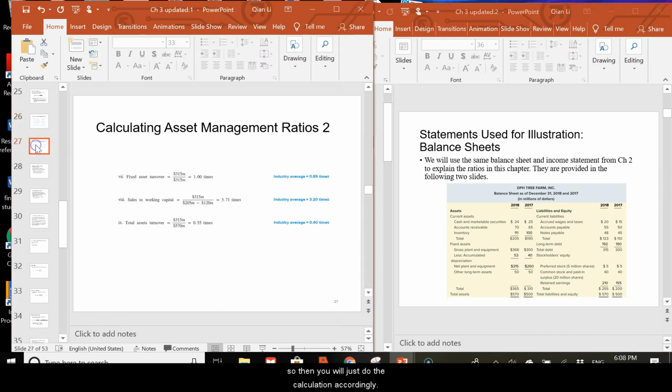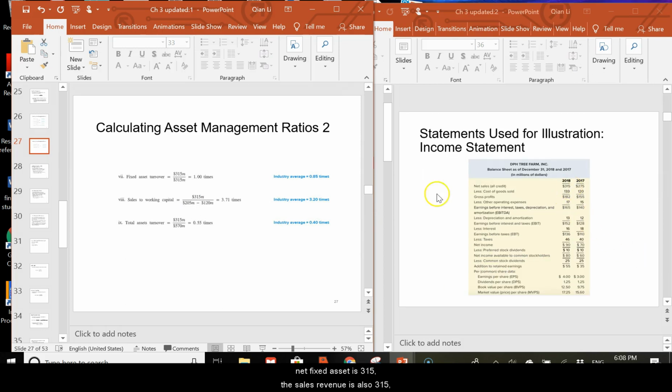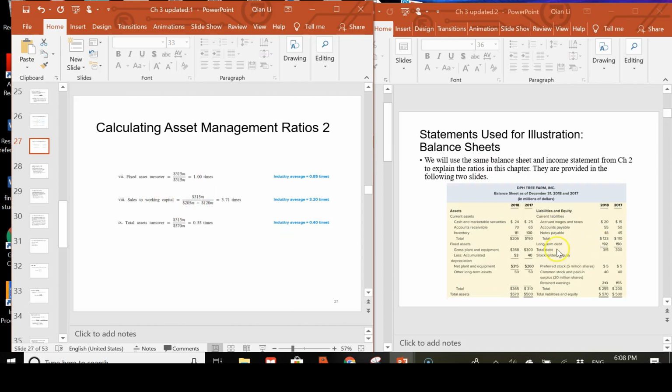If we look at the company's fixed asset turnover, net fixed assets is 315. The sales revenue is also 315, so that's how we got 1 times as the fixed asset turnover. Now working capital is the 205 current assets in 2018 minus the 123 total current liabilities.